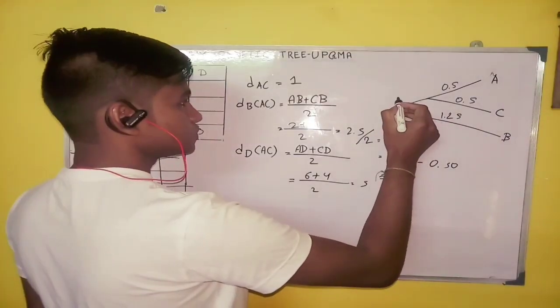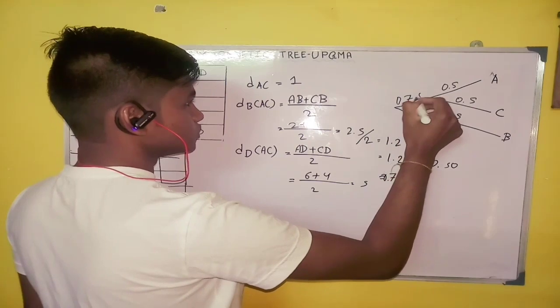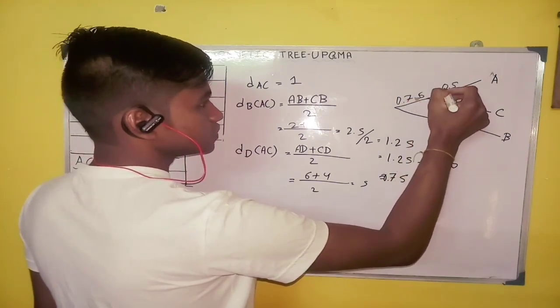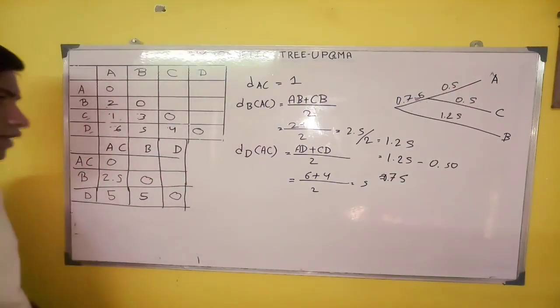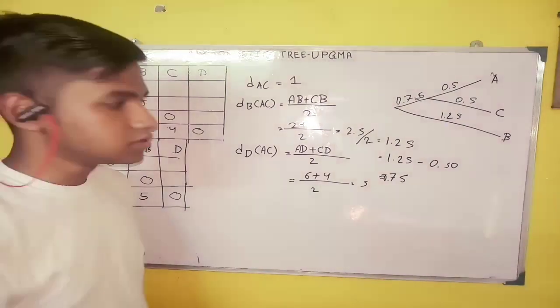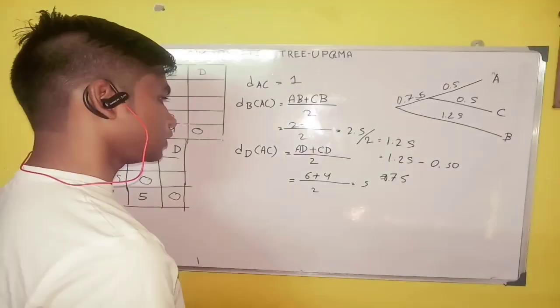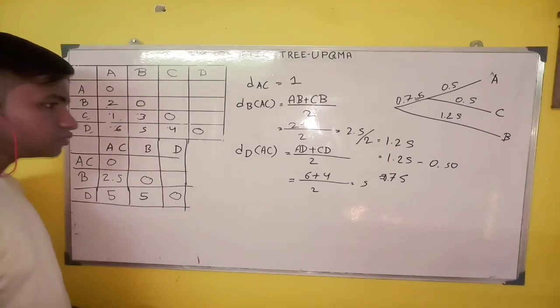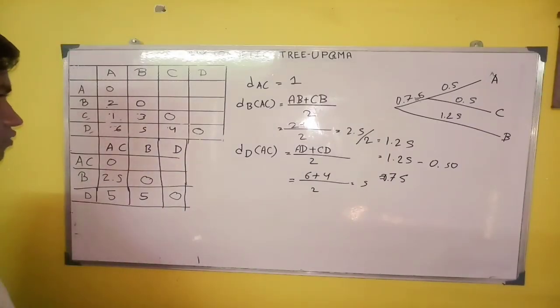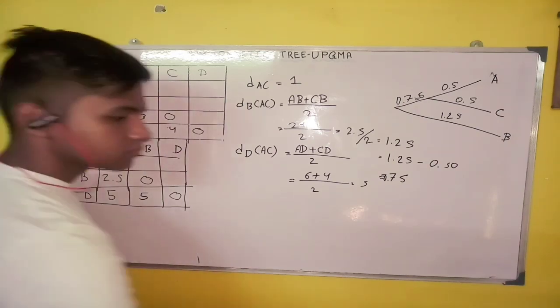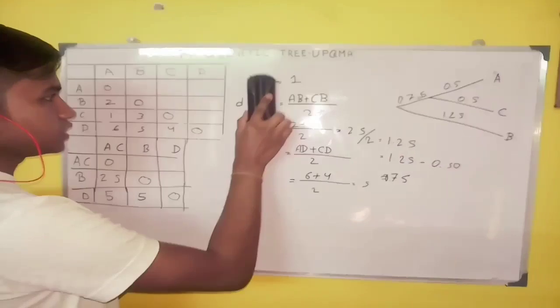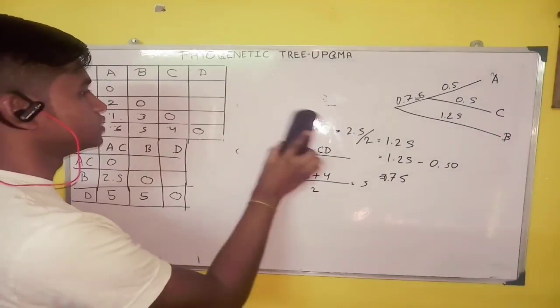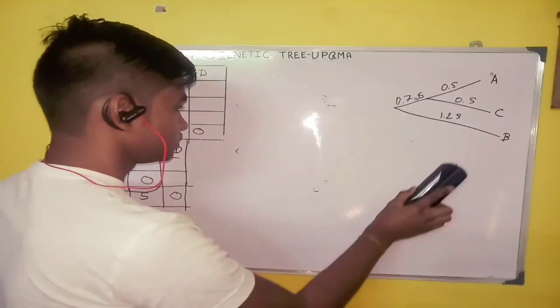So here we will write 0.75 because this already has been occupied by 0.5. So we subtract this 0.5 from 1.25 and we got 0.75. Now we will move to the third table from another calculation. Currently we have a tree of A, C and B, or ABC tree.